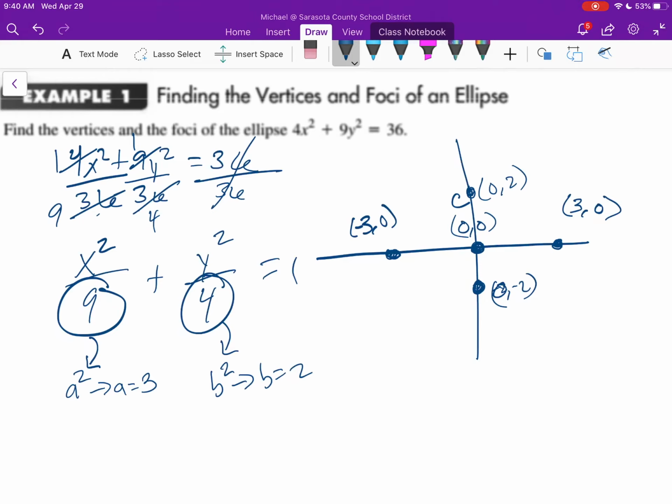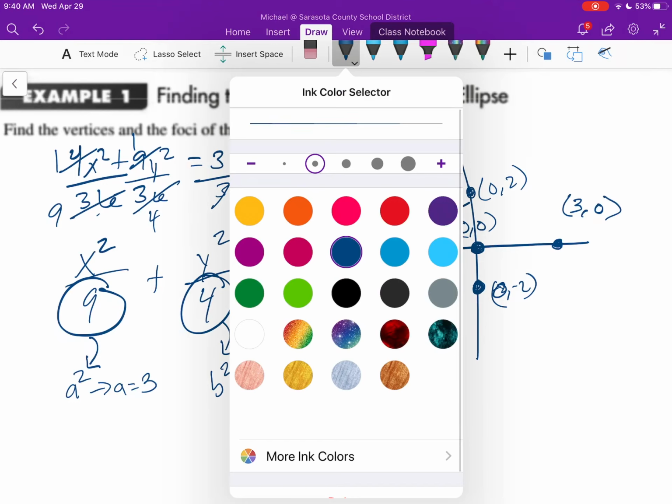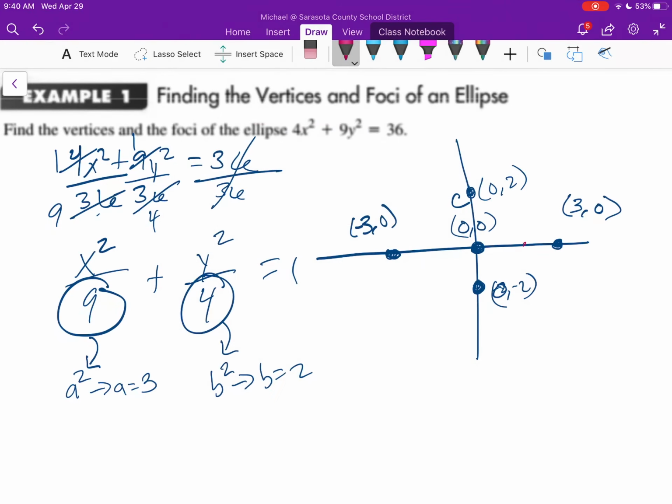Now this really helps us out because then we can ultimately determine what the foci are going to be. And so you can start to see where this ellipse is going to end up coming from.